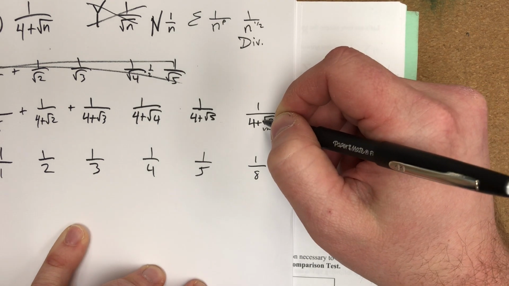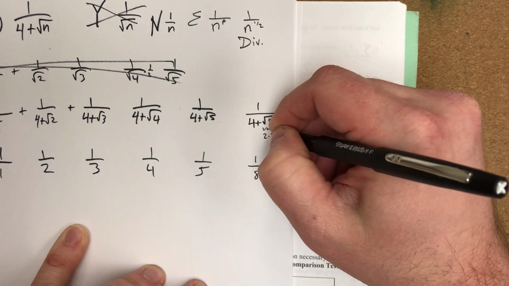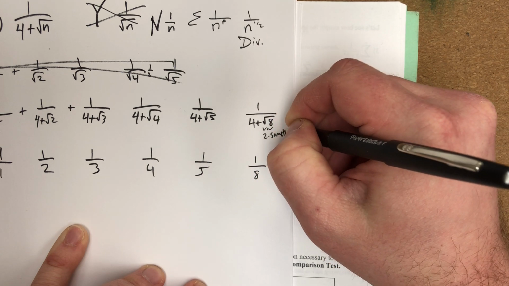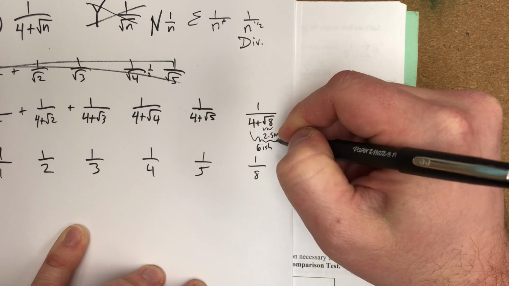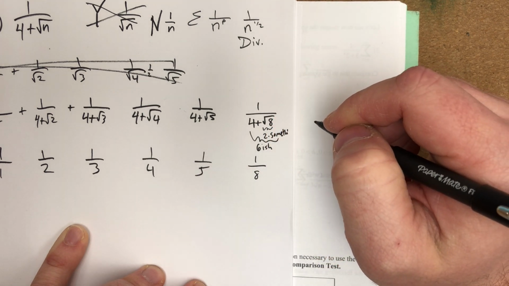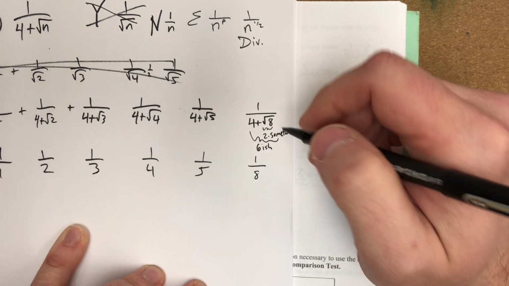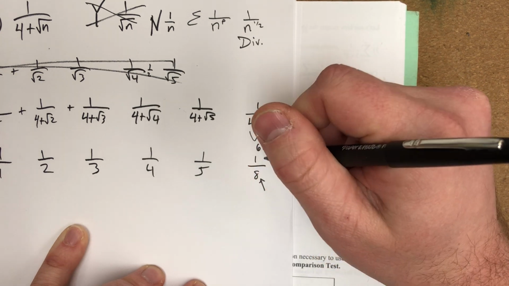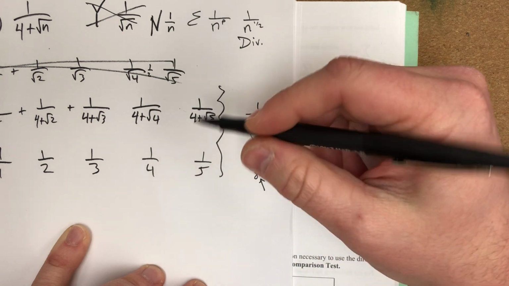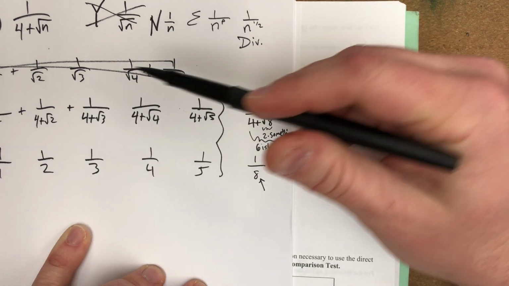So this is somewhere between 2 and 3, so 2 point something. What's 4 plus 2 point something? That's like 6-ish. Okay, so 1 over 6 versus 1 over 8. This is now smaller. So we've reached some place where N became smaller than O.